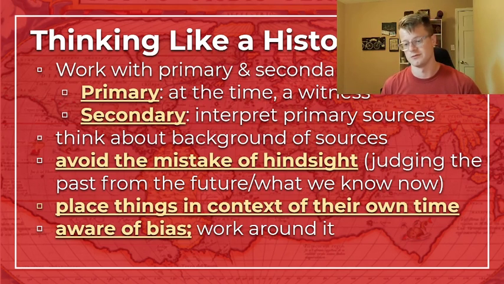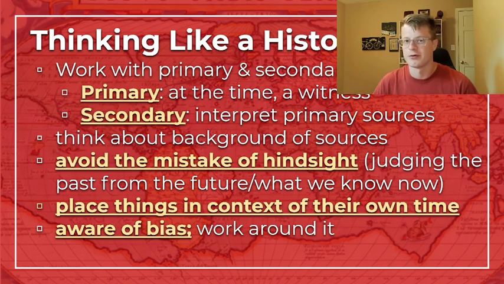Now, what else do historians do? We don't just say, okay, great, I got a source, let's move on. Historians are very cautious by nature, and I would encourage you to be so as well. You have to be really careful about the sources we use. For example, imagine only trying to understand the perspective of World War II through Winston Churchill's eyes.